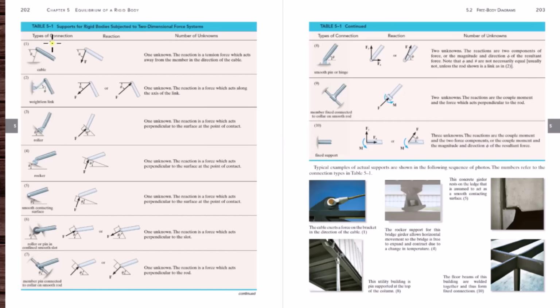And so in the statics book, they go through all kinds of different connections. We're not going to go through all of these. You could Google this and take a look at it yourself. But if you go through each one of these, it's a simple analysis just like we did. Like this roller here. If we took this whole body into empty space, what motion is this roller preventing?